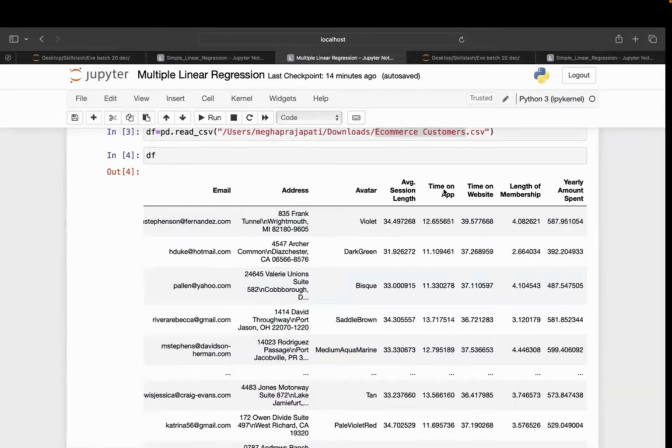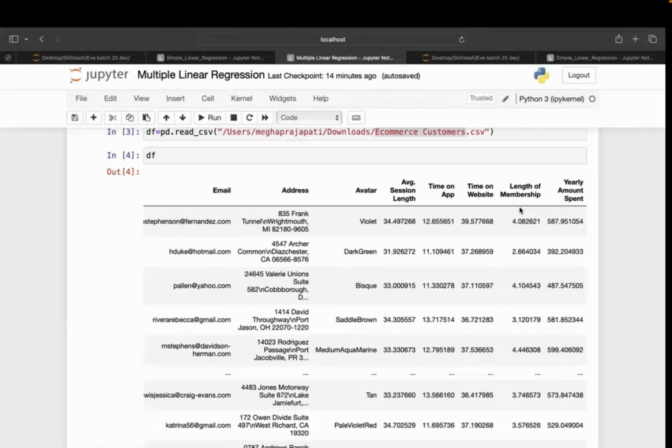Okay. Time on the mobile application: how many minutes the customer is spending on the mobile application. Similarly, if they are not downloading the application and are directly opening the website, how many minutes they are spending there.